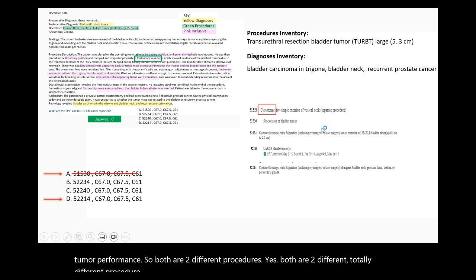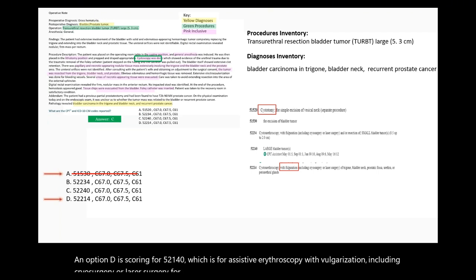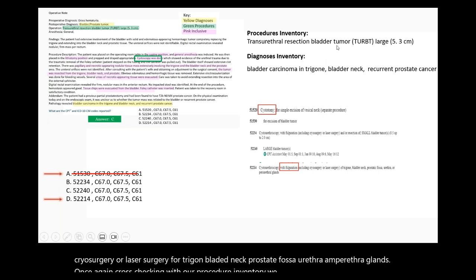And option D is coding for 52214, which is for a cystourethroscopy with fulguration, including cryosurgery or laser surgery of trigone, bladder neck, prostatic fossa, urethra, and periurethral glands. Once again, cross-checking with our procedure inventory, we have transurethral resection of bladder tumor.